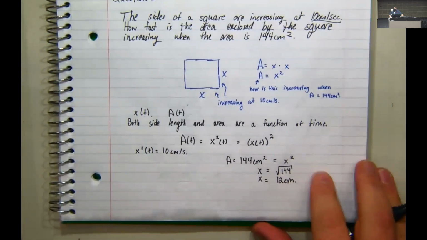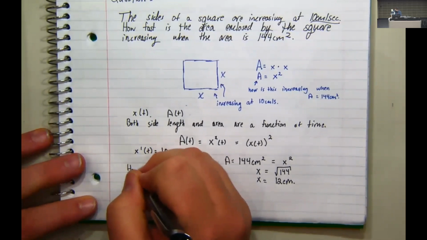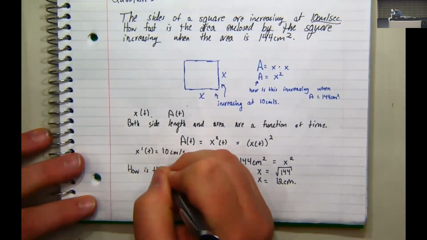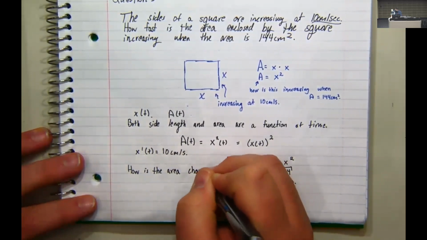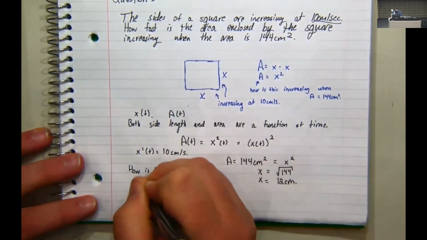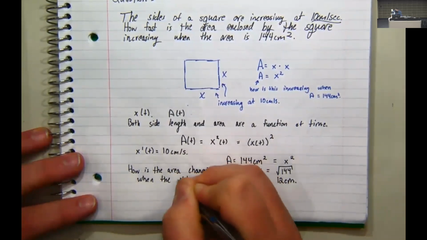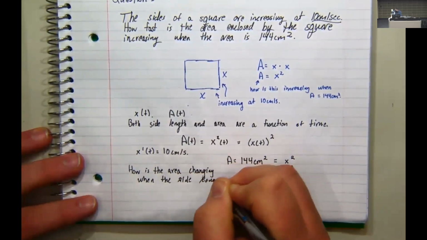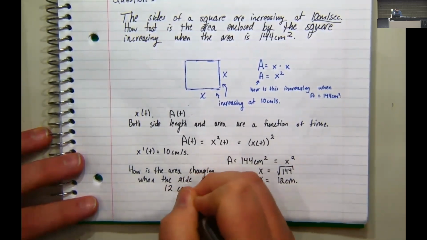So another way we could write this is: how is the area changing when the side length is 12 centimeters?